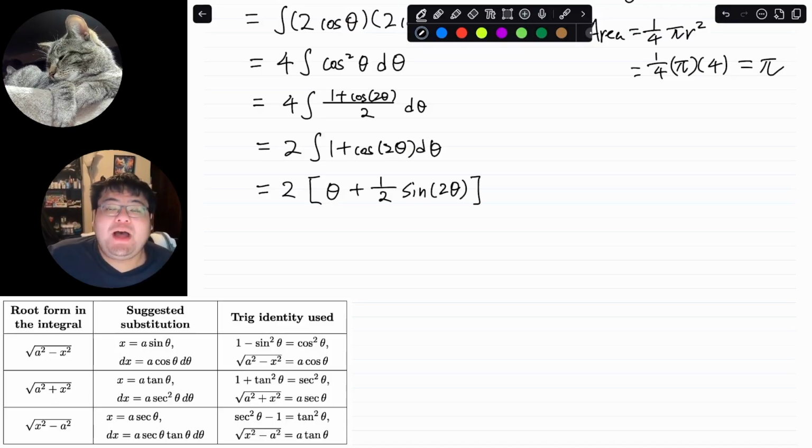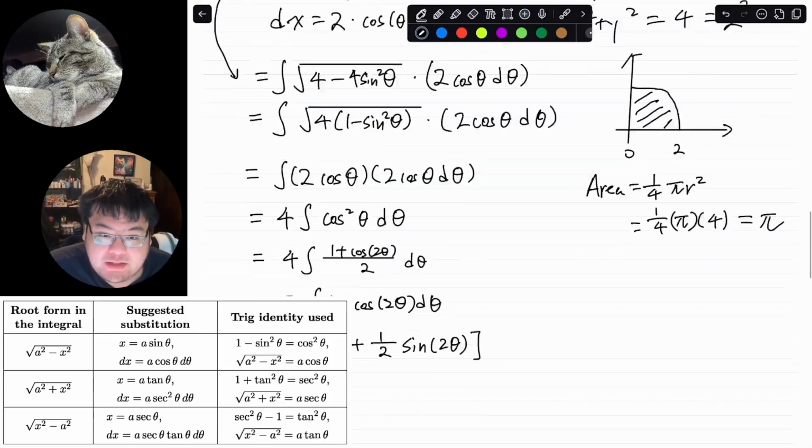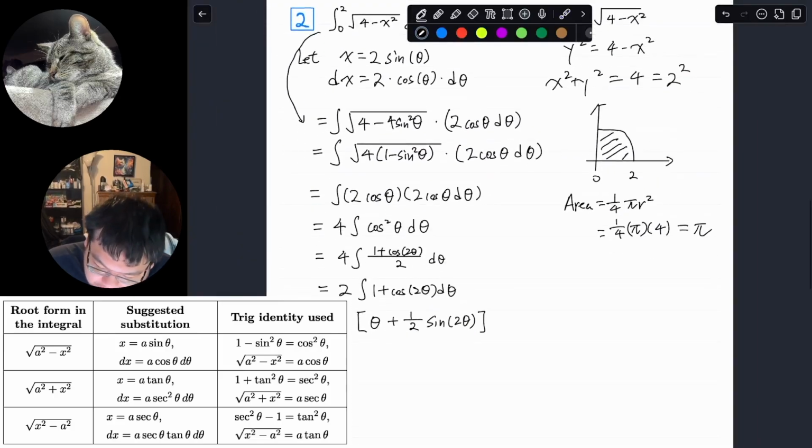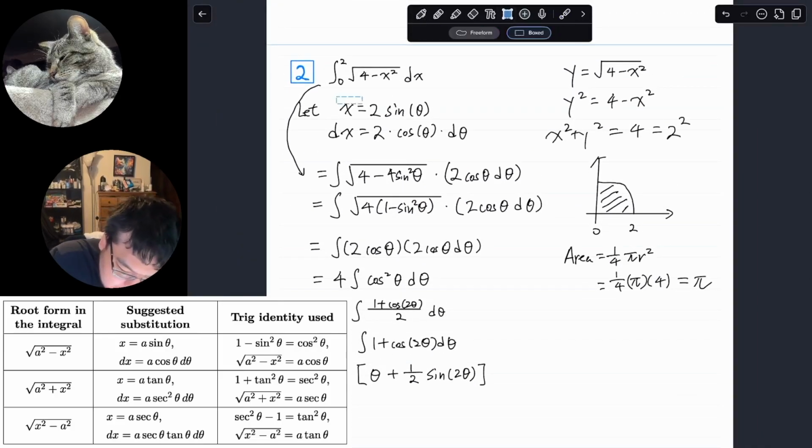So now, again, we can plug in the values of theta, but this time, do we have theta? No, remember, these bounds are actually x, right? So let's try to calculate the corresponding theta value. Let's copy it.